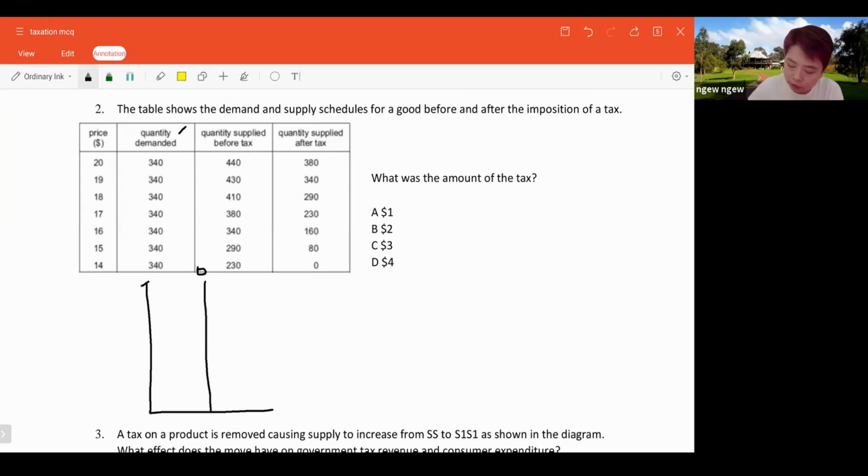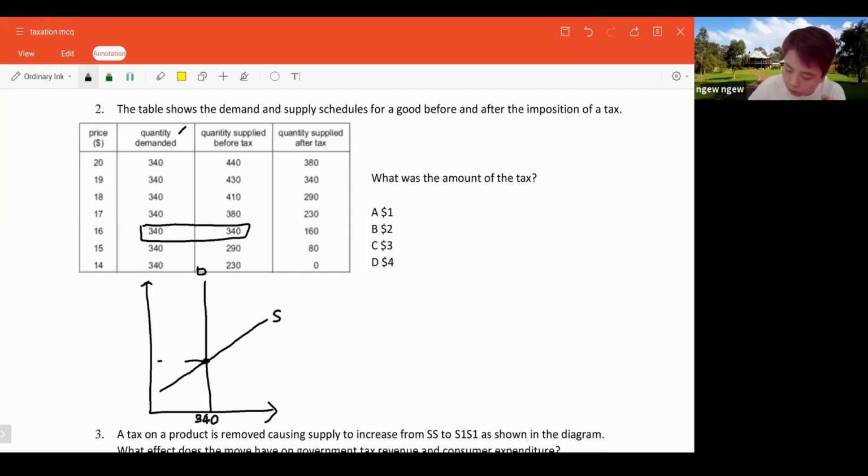Next, we place the quantity supplied before tax, you just put S. What do you need to do next? You need to find out what is the equilibrium point before tax, and what is the equilibrium price before tax? Equilibrium means when QD equals QS. Quantity is 340, no change, since your demand is a vertical line.